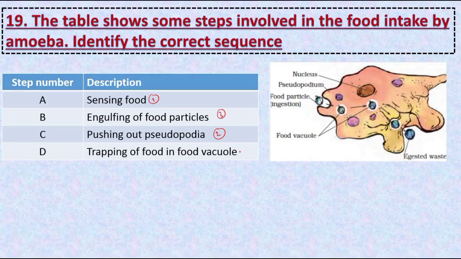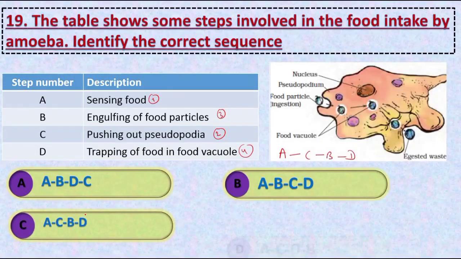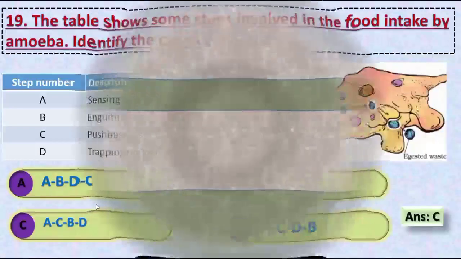Once it engulfs the food, it traps the food in the food vacuole. The correct sequence goes like this: option A, then C, then B, then D. A, C, B, D is the sequence of the food intake by the amoeba. Option C is the correct answer.